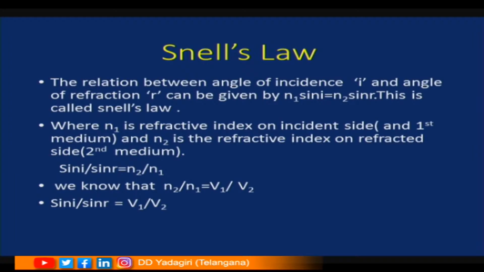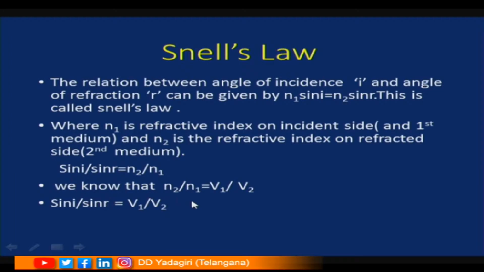Here n1 is taken as the refractive index on the incident side. We are taking the incident side as the first medium and the refracted side as the second medium. The first medium refractive index is n1, the second medium refractive index is n2. Now, we modify the relation as sin I by sin R = n2 by n1.